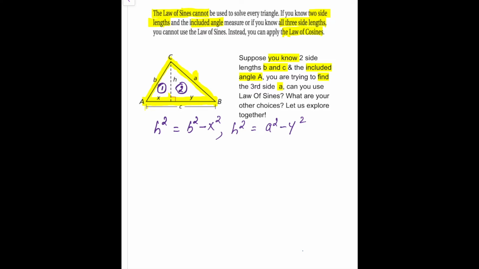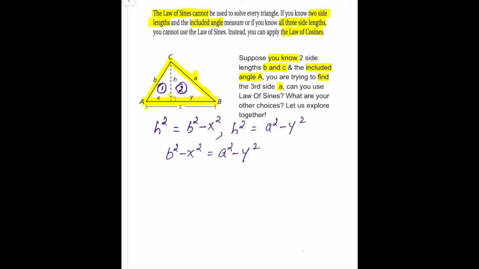Now we got the same quantity h squared, so we are trying to connect a, b and c. We got only part of c, and we don't know x and y, so let's use the transitive property of equality, or substitution, and write b squared minus x squared equal to a squared minus y squared.